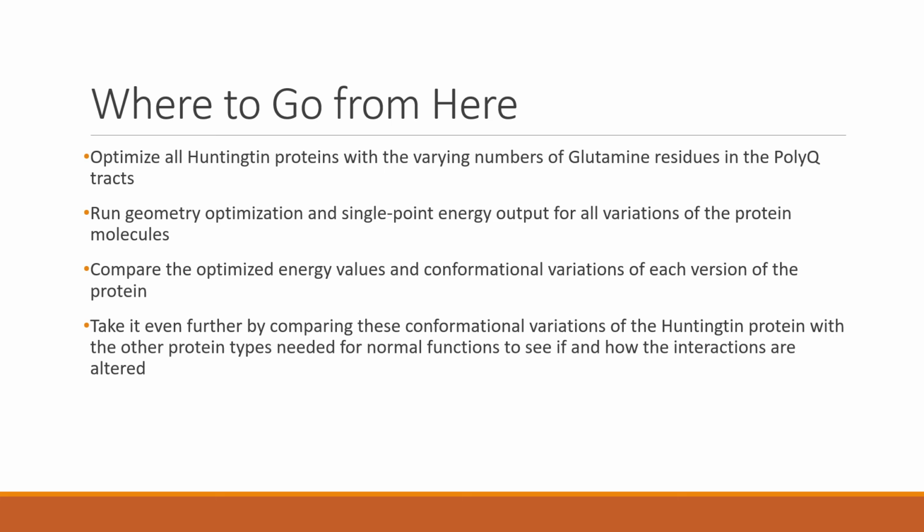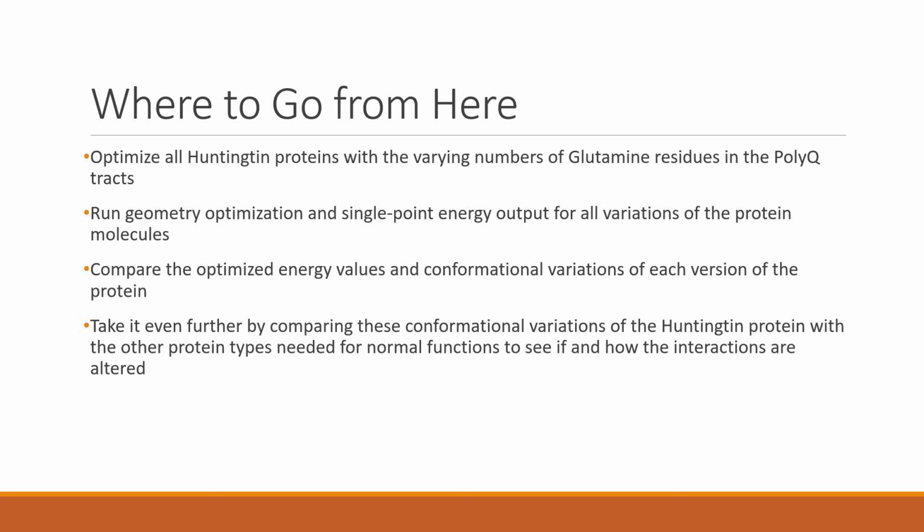And the next step to take it even further would be to compare these conformational variations of the Huntingtin protein with the other protein types that are associated with it for normal functions in the body, and to see how these interactions are altered, because it is such a big variation in allowable glutamine residues in the PolyQ tract from 9 to 35.